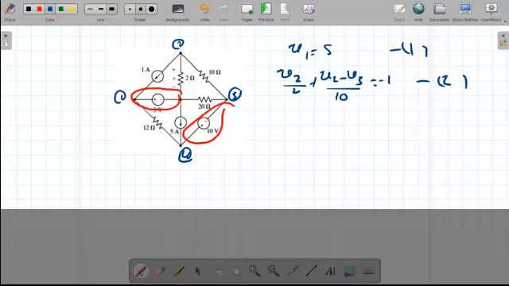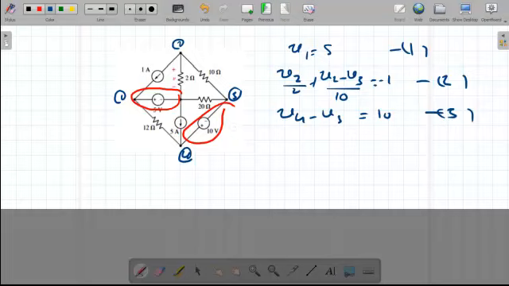My third equation, I can say V4 minus V3 equal 10. So this is my third equation. From where can I get my fourth equation? Of course, we will use the super node, which is formed by node 3 and 4.